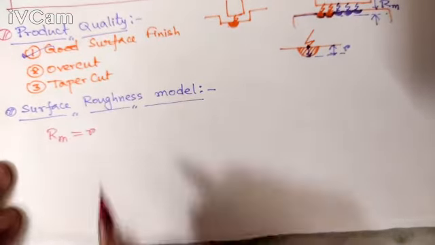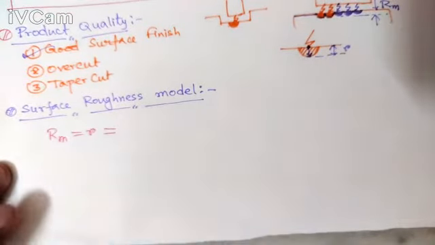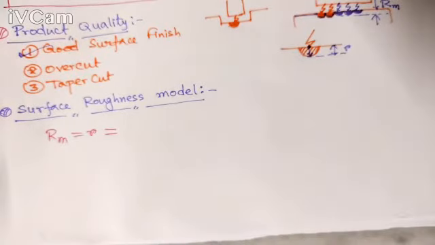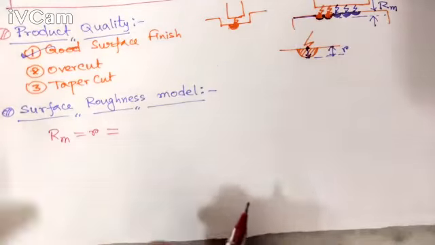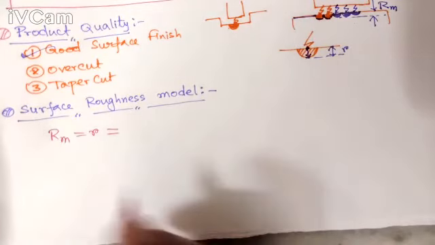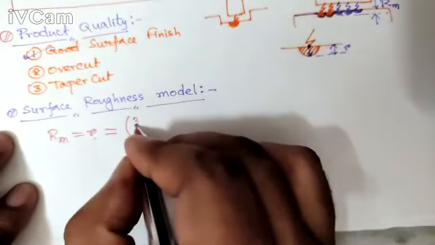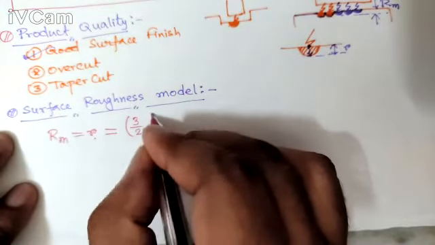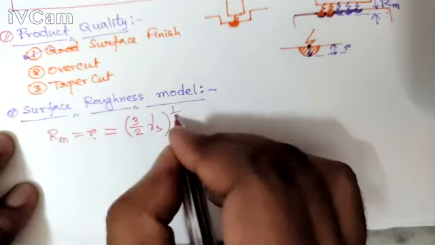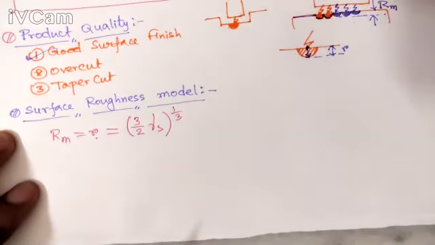From the formula of gamma s, that means the volume of material removed due to a single spark, we can compute the R value as I have said, and it will be (3/2 gamma s) to the power 1/3.